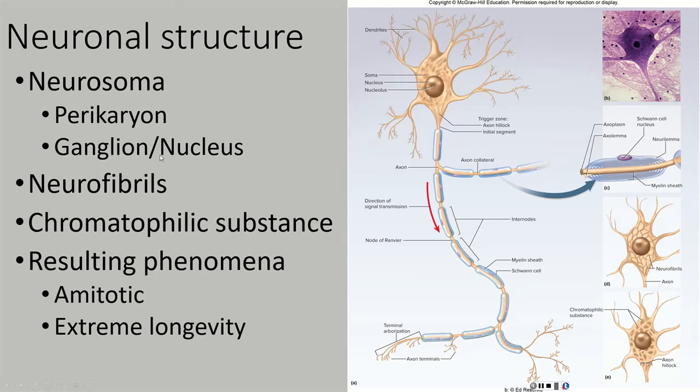Next, ganglion and nucleus, or the plurals would be ganglia and nuclei. Here, these words kind of mean the same thing, but they're different based on location. In the body, we typically do not have a single neuron by itself. They like to be clustered together.